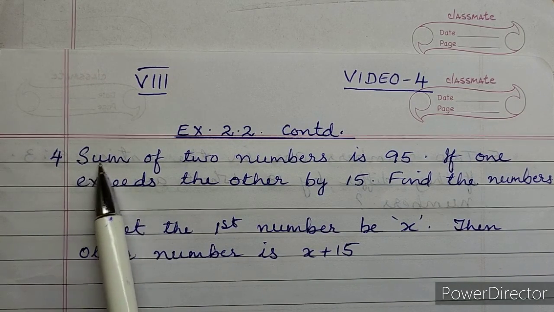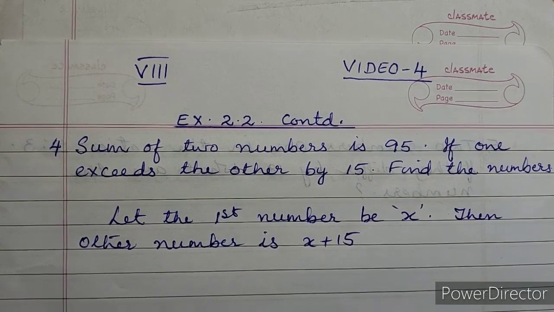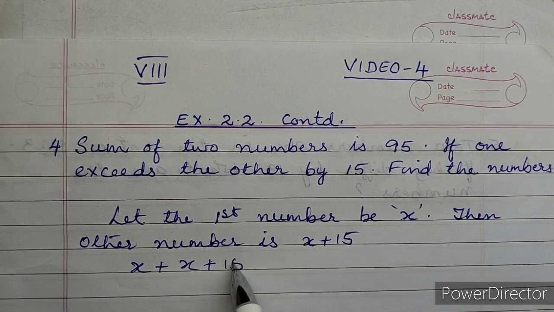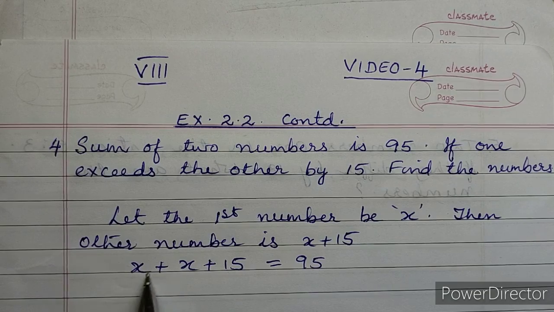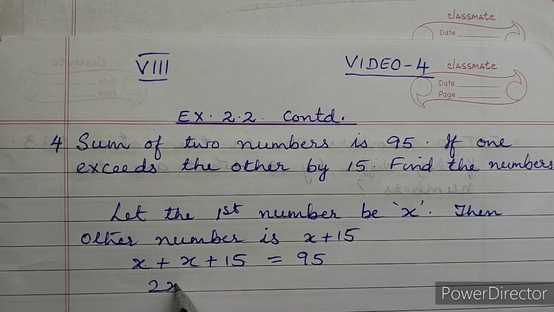Now the condition you take: the sum of the two numbers is 95. That means x plus x plus 15, the sum of two numbers, equals 95. So first number plus second number equals 95. Add it: x plus x is 2x plus 15 equals 95.